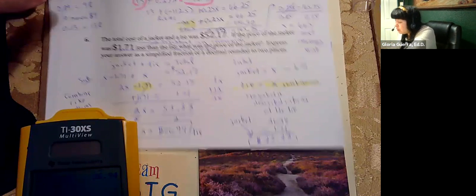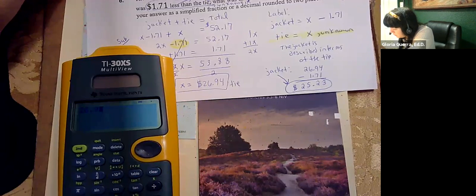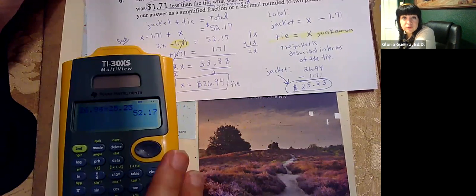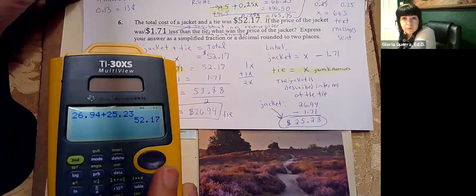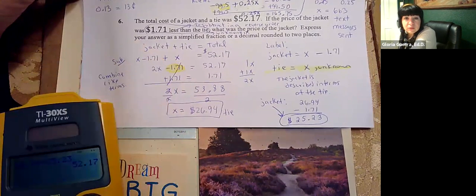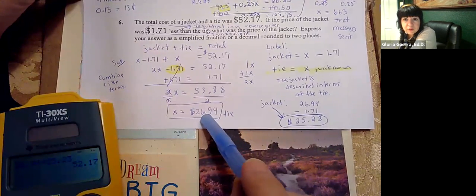And then this one you could check. If you add them both up, $26.94 plus $25.23 was $52.17.